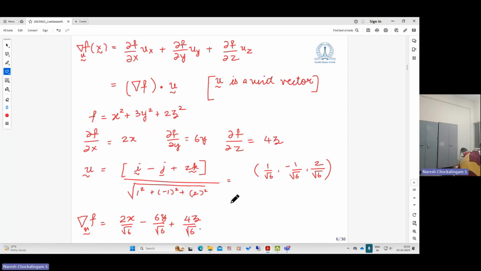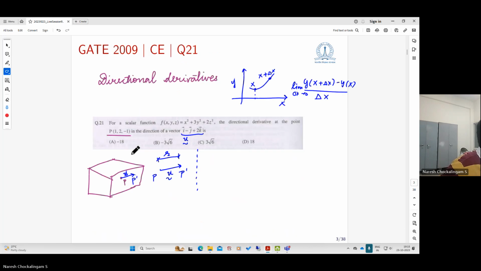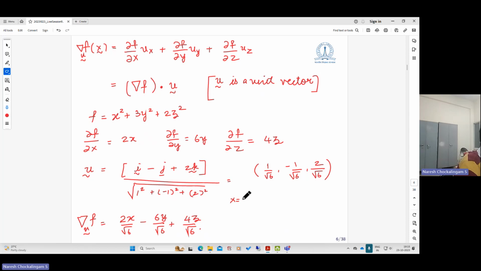We are asked to find out the directional derivative at the point where x equal to 1, y equal to 2, and z equal to minus 1. Substitute that into this, we get 2 into 1 minus 6 into 2 plus 4 into minus 1, by square root of 6.